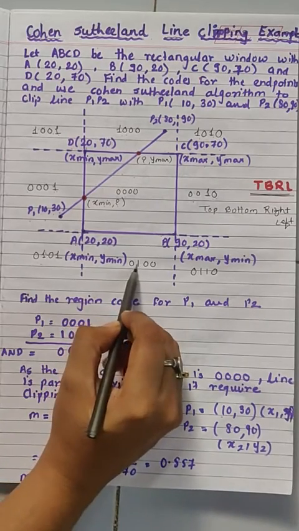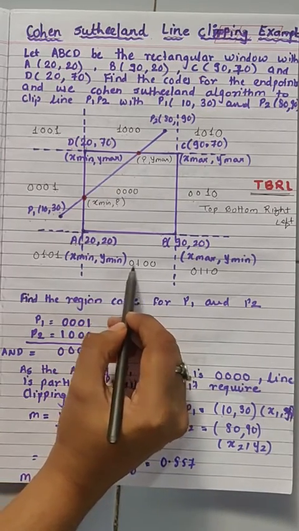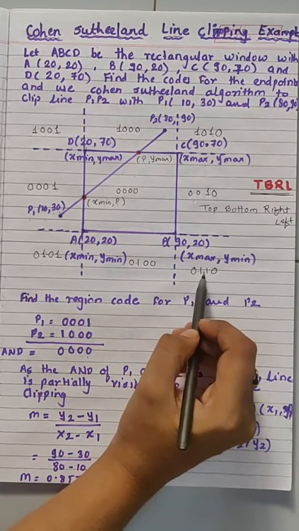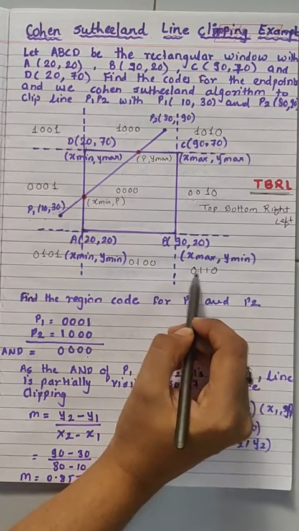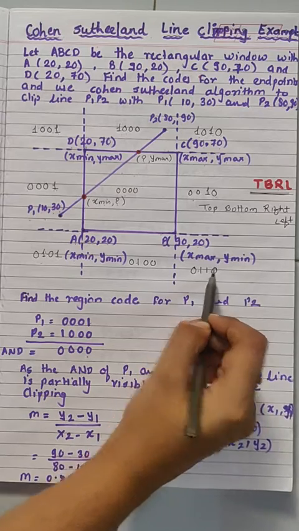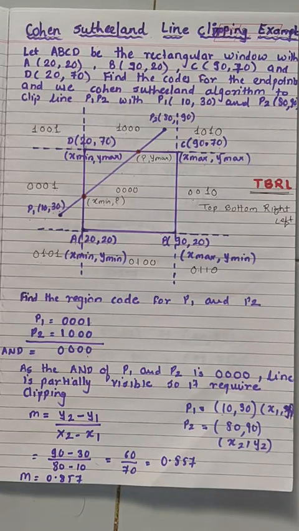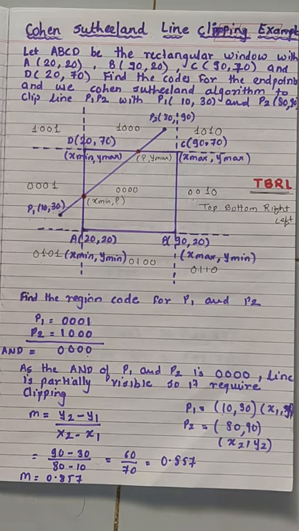Here this is at bottom, so the bottom bit is 1 and all the other bits are 0. Here this is bottom right, so bottom and right are 1 and all the other bits are 0. In this way, if your point lies in any region, you can give the region codes according to this specific technique.